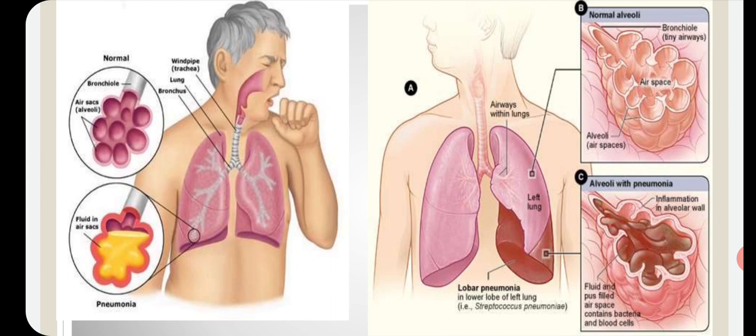Mortality rate is higher in elderly and weak people, and the treatment includes the administration of antibiotics such as penicillin, tetracycline, and chloramphenicol. Because this is a gram-negative bacteria, these antibiotics can destroy the infection caused by this bacteria.